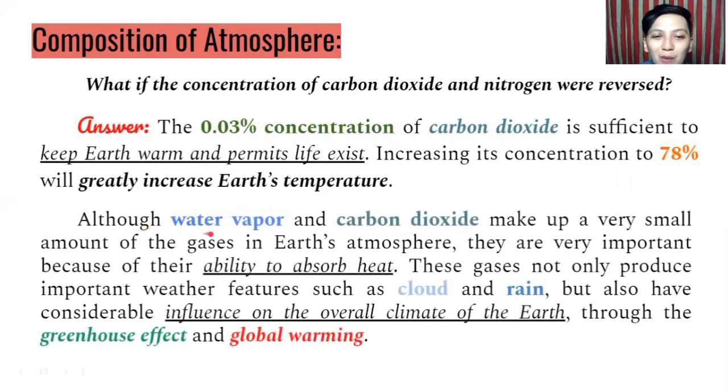Okay? Although water vapor and carbon dioxide make up a very small amount of the gases in the Earth's atmosphere, they are very important because of their ability to absorb heat. These gases not only produce important weather features such as cloud and rain, but also have considerable influence on the overall climate of the Earth through the greenhouse effect and global warming.